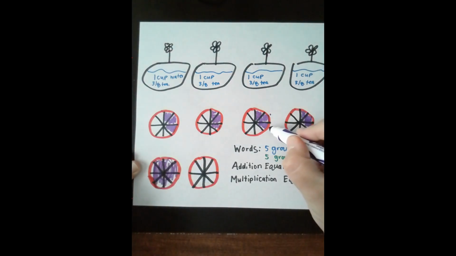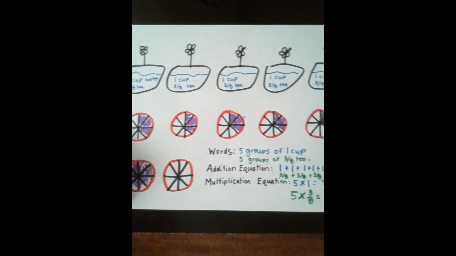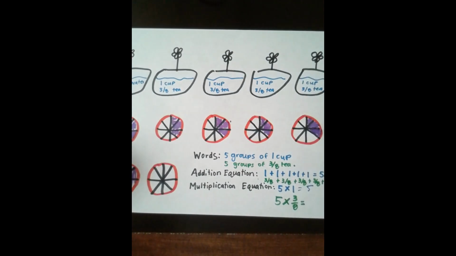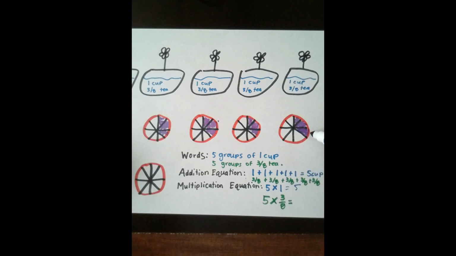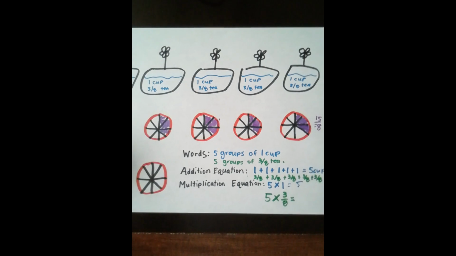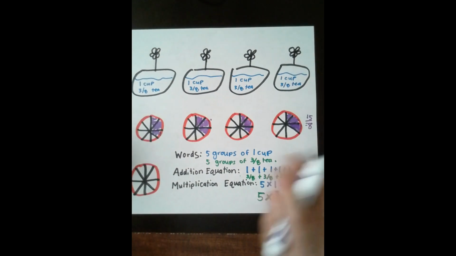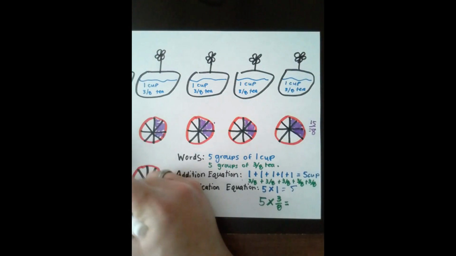Now we have 9/8, 10/8, 11/8, 12/8, 13/8, 14/8, 15/8. Okay, so we have 15 over 8. Now, that's a top-heavy fraction. It's an improper fraction. So we know that we have 8 eighths over here.